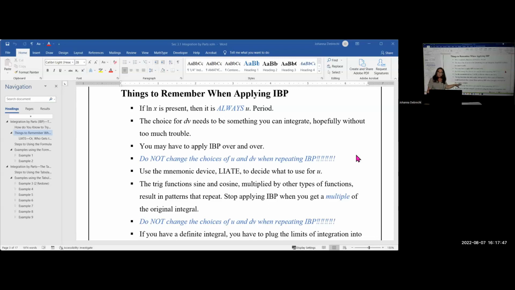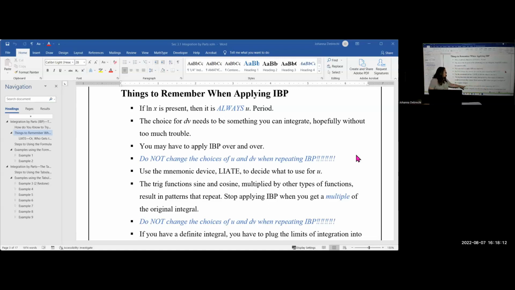So when we get a multiple of the original integral, not the same, but with a different constant on it, maybe a negative, maybe a negative 2 times, negative 1/3, positive 1/3, then we'll stop applying integration by parts.